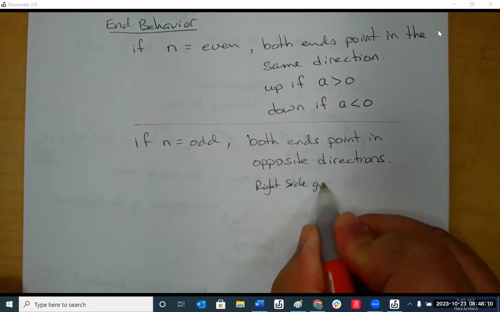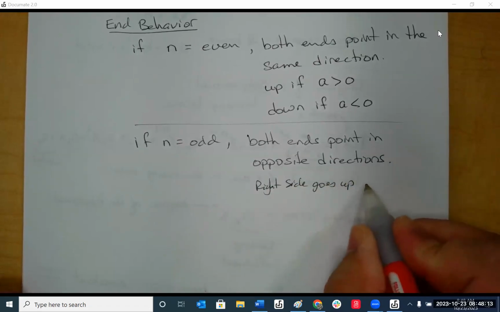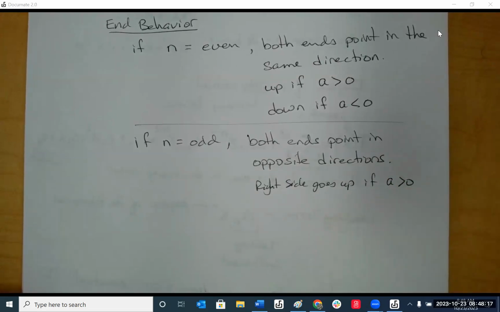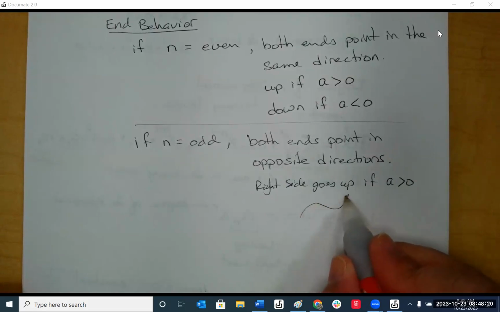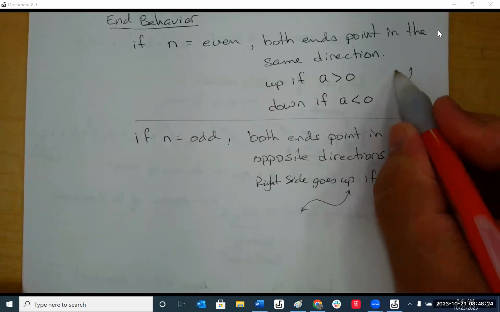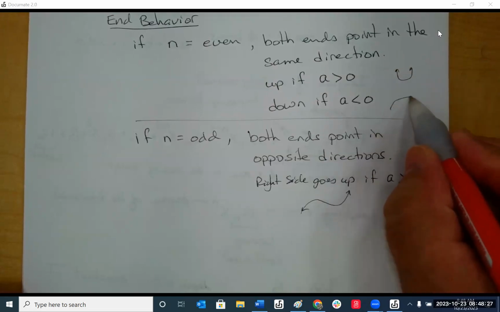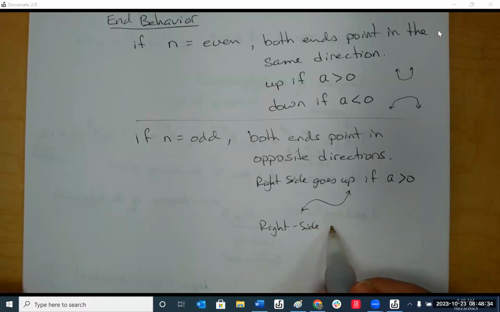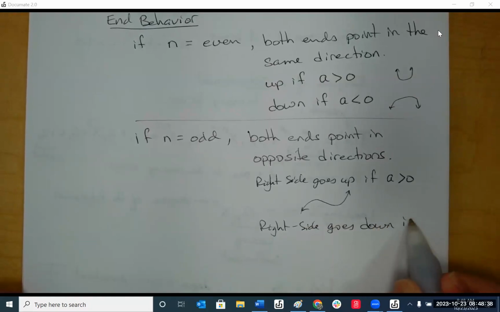Right side goes up if the leading coefficient is positive. It looks like this. And right side goes down if a is negative.